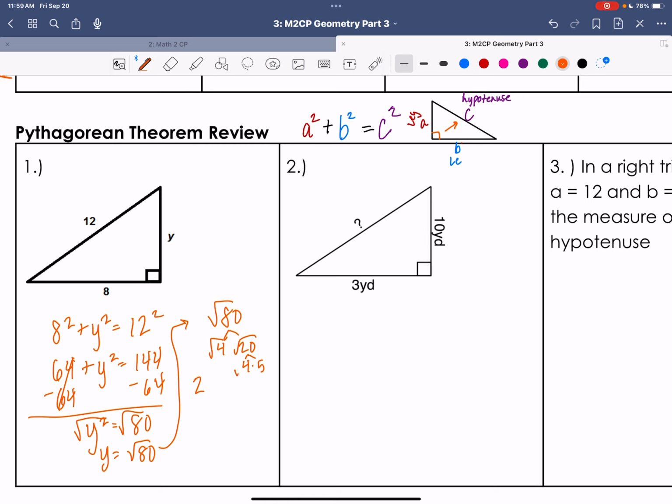And then this I know is 2. And then I have a leftover of 5. So now your final answer should be 4 root 5. So this is your final answer. So remember, this is not simplified. You have to simplify. All right, so go ahead, simplify.